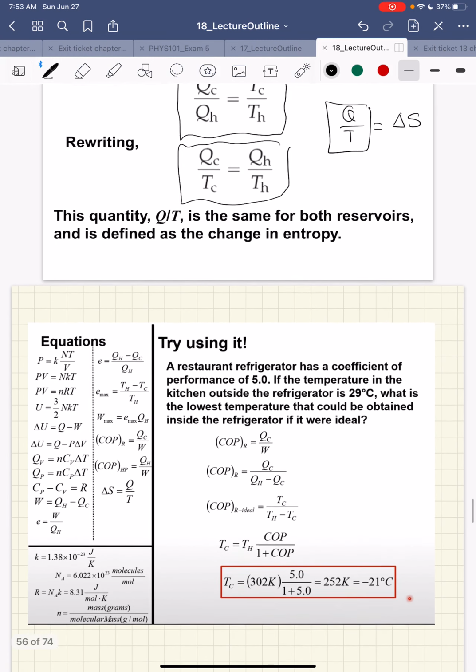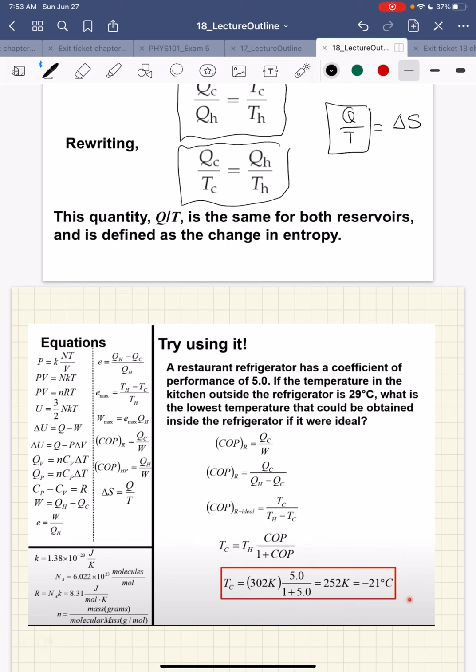Now, a restaurant refrigerator has a coefficient of performance of 5. If the temperature in the kitchen outside the refrigerator is 29 degrees Celsius, what is the lowest temperature that could be obtained inside the refrigerator if it were ideal? Then here I have the coefficient of performance for a refrigerator. It's Q cold divided by W, and W can be calculated as Q hot minus Q cold.